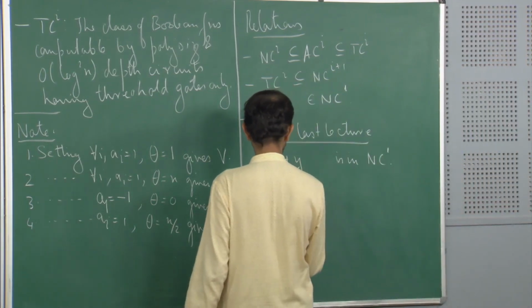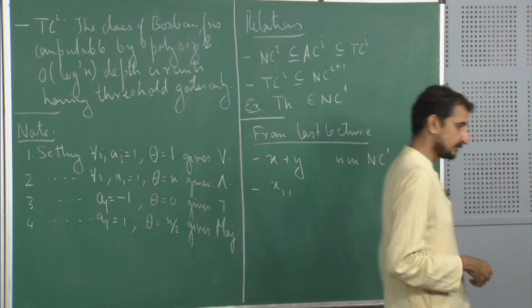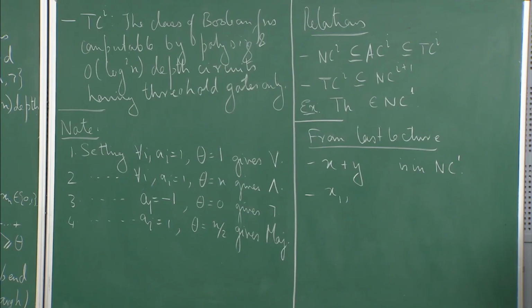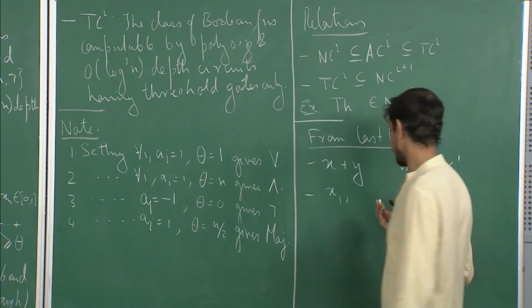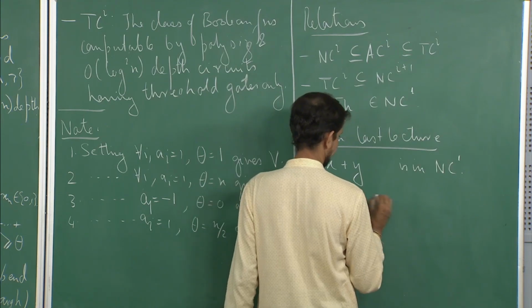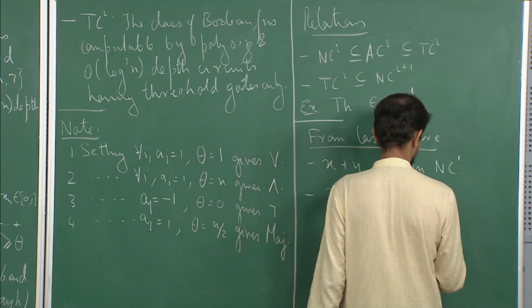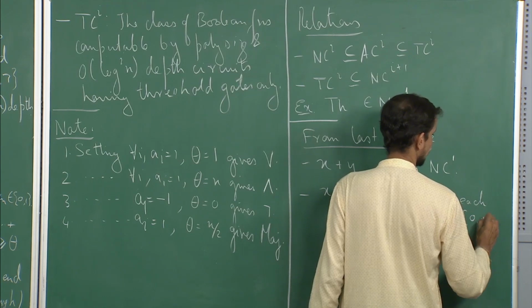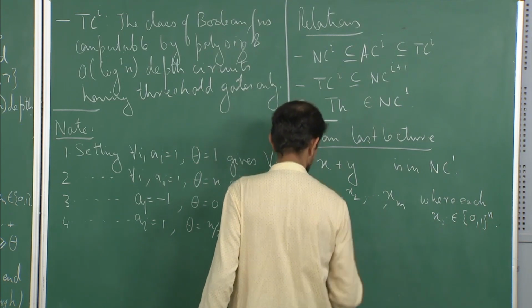What about iterated addition? Suppose I have m numbers x1, x2 up to xm, where each xi is an n bit number, and we want to compute the sum of the xi.